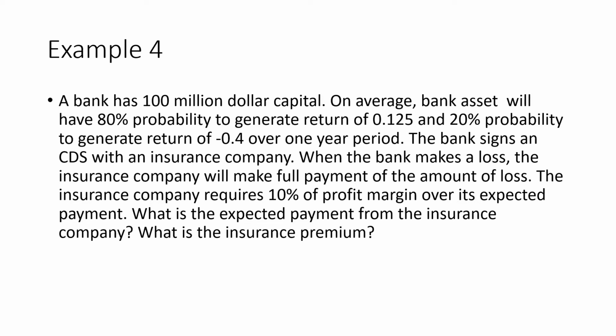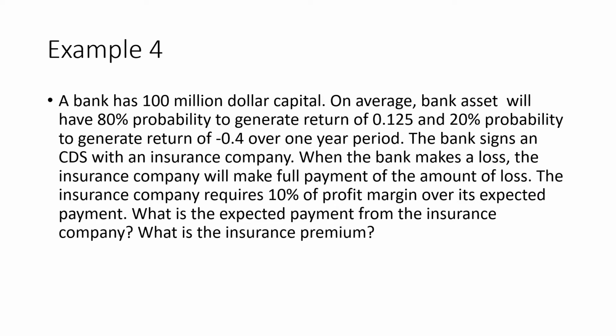The bank signs a CDS with an insurance company. When the bank makes a loss, the insurance company will make full payment of the amount of loss. The insurance company requires 10% profit margin over its expected payment.